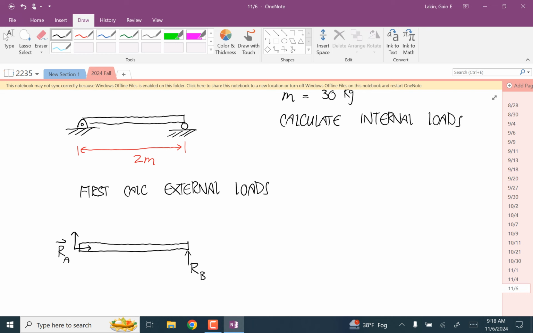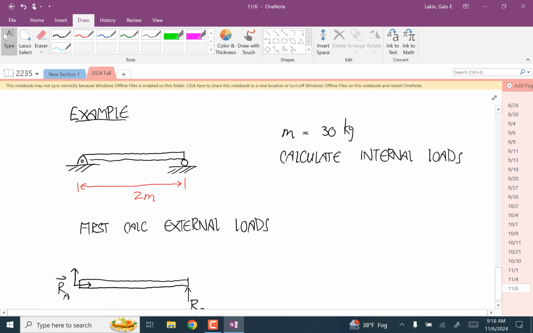And then the weight. The weight is a distributed load, but now that we've chosen the body to isolate, I'm going to put it down as a distributed load. So the total weight is 30 times 9.81, which is 294.3 newtons.